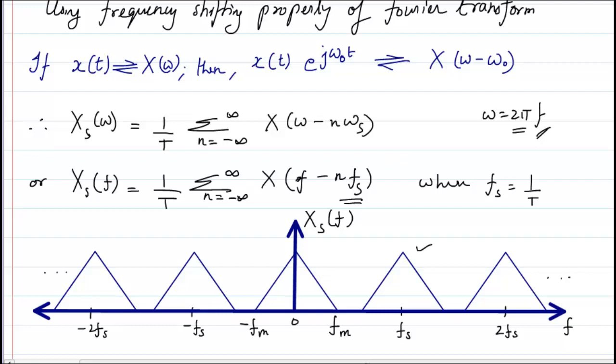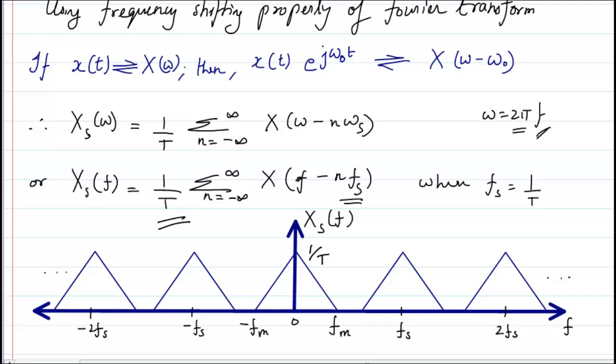Obviously, what has happened here is that the original amplitude, if it was 1, has now become 1/T. So I will write the original amplitude of the spectrum as 1/T. That is something we have to take care of.